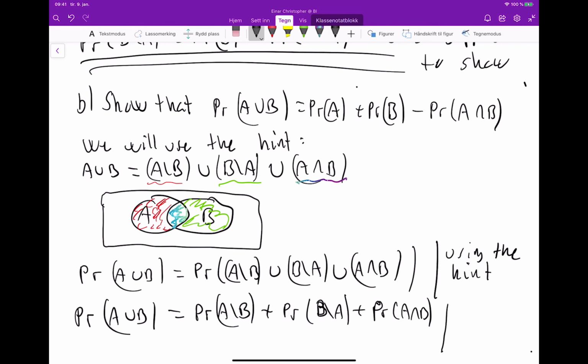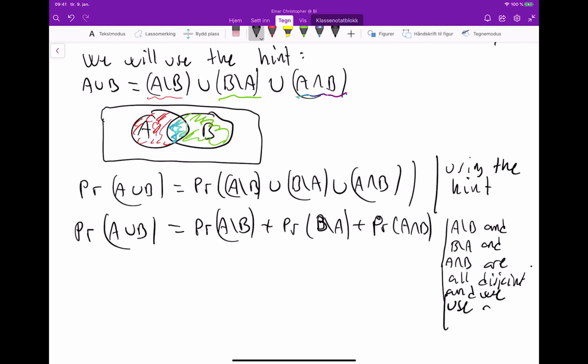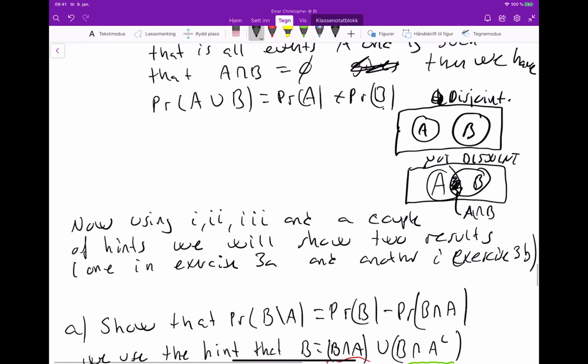And then we can write here A minus B, B minus A and A and B are all disjoint, and we use again property III, and property III is here.